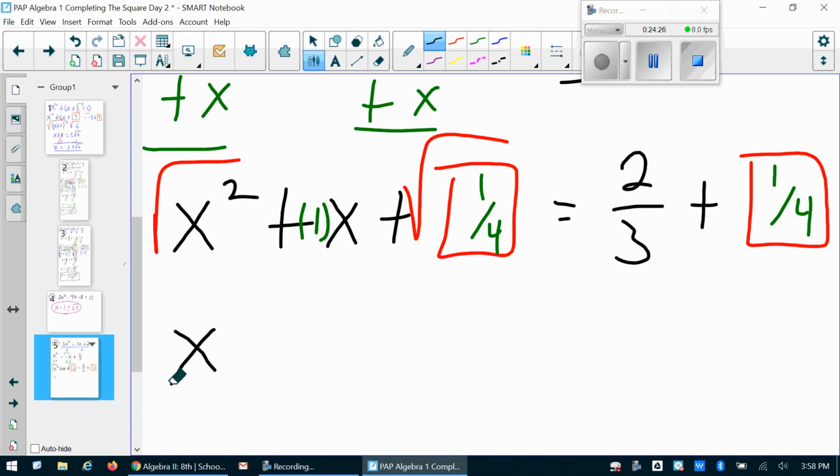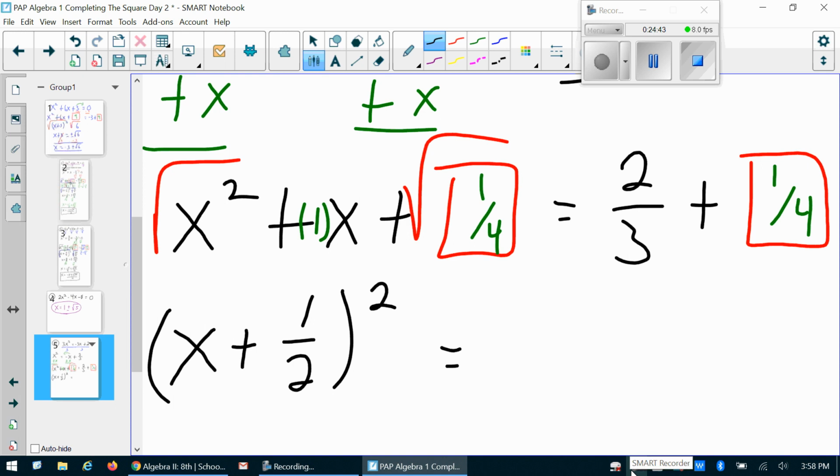I get x plus 1/2 squared. And again, when I got the 1/2 from square rooting, square root of 1 is 1, square root of 4 is 2. And then one last time, that sign came down.